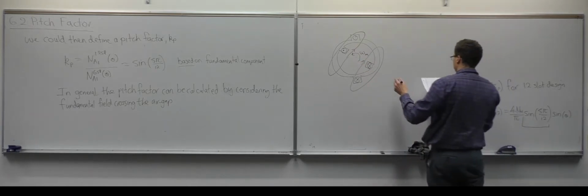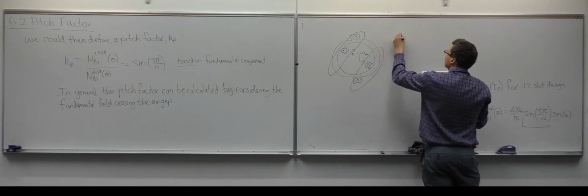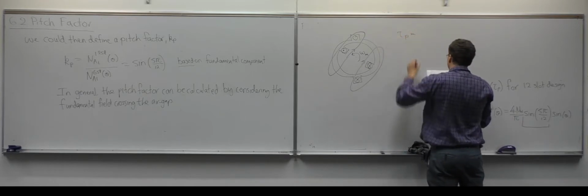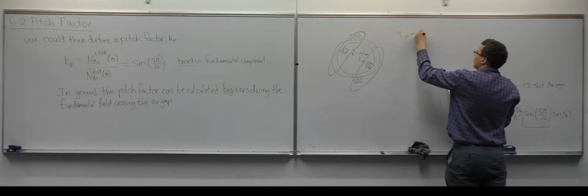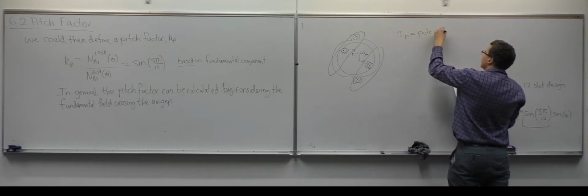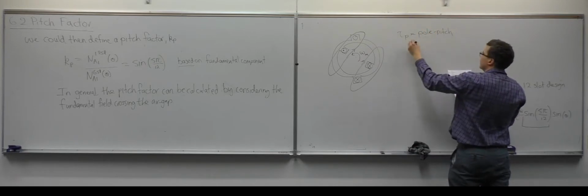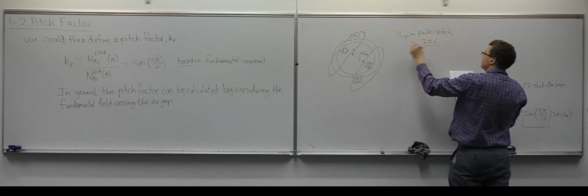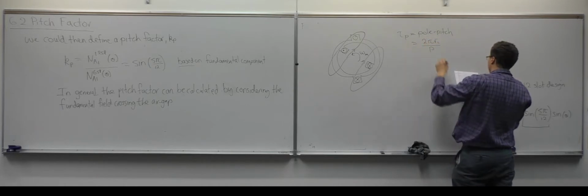So in this example, we've got pole pitch, which is again the circumferential length divided by the poles, right?